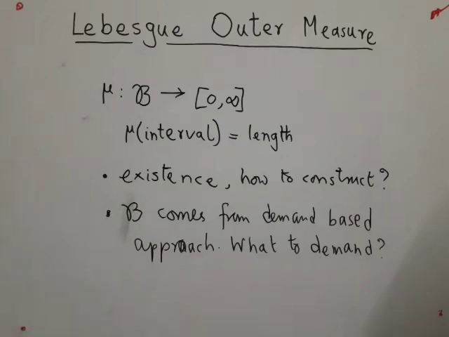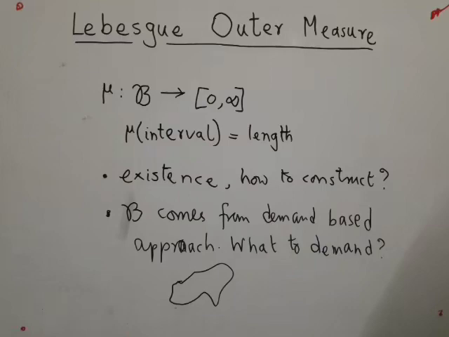We said that we must be closed under countable union, countable intersection. But when you are faced with the problem that here is a particular thing and I want to find its area, you will not even think along the lines of countable union, countable intersection, all those things. If you already know that there is something like measure theory in front of you, then you will make all these demands. But when Lebesgue started out, he did not have that idea.